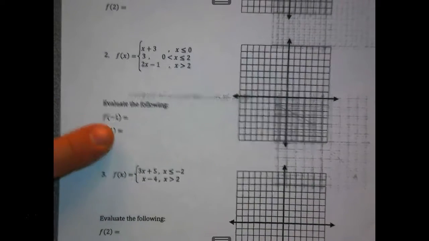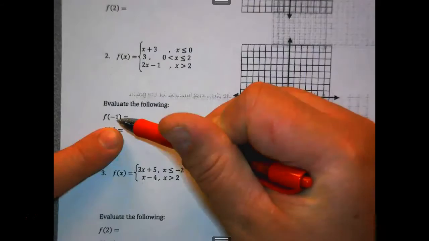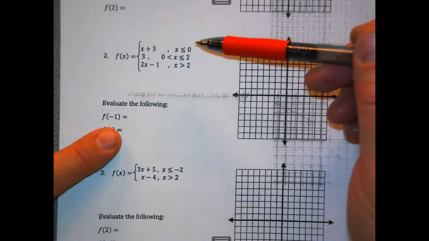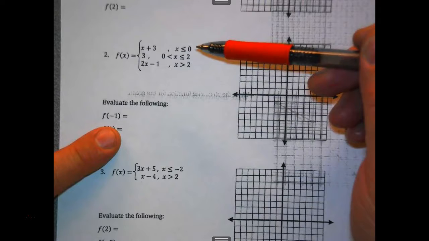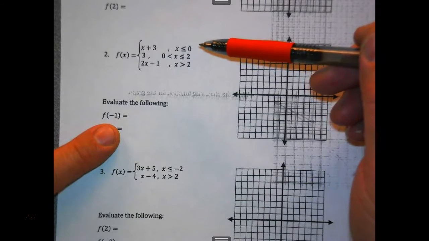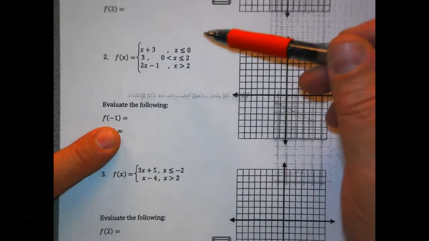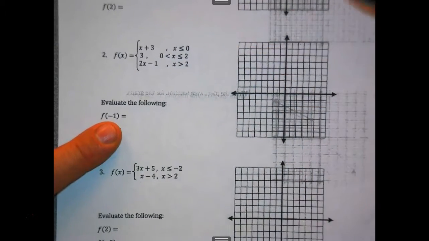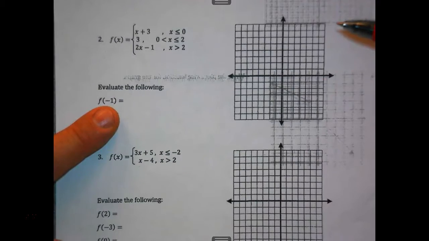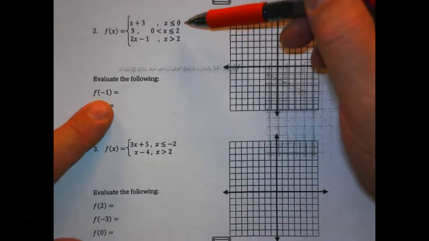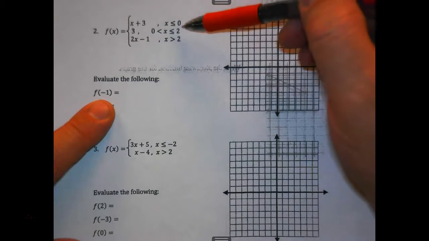Number 2 says evaluate f of negative 1. Well, if I'm looking at negative 1, which expression do I use? No, we're doing number 2 instead. The f of negative 1. Negative 1 falls in what?